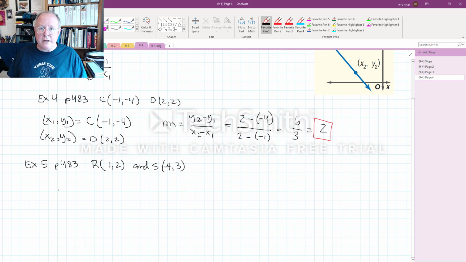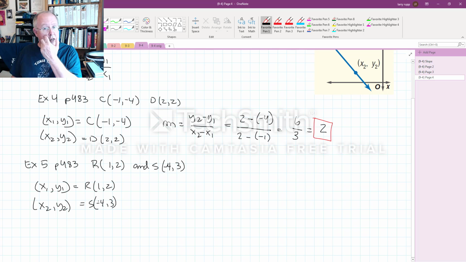So again, I would allocate these points. So x1, y1 is equal to R, 1, 2. x2, y2 is equal to S, negative 4, 3. Again, it doesn't matter which one of these you assign to which. It will work out the same.